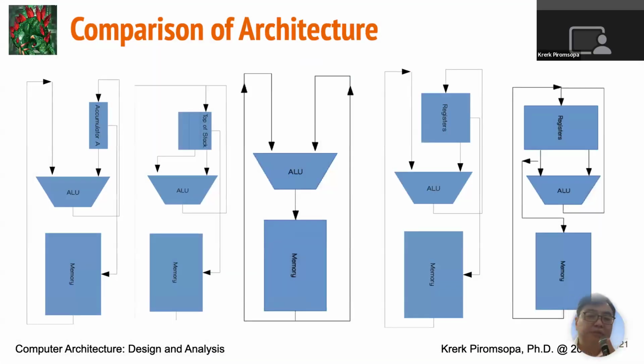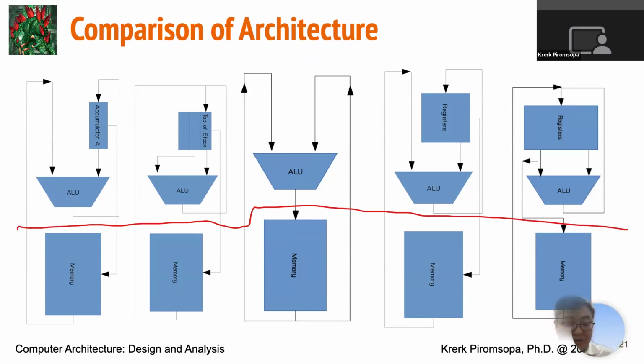Okay, just a picture that puts them all together. This is on the CPU side. This is on the memory side. So back then, it was this simple. This makes sense when memory is faster than CPU.